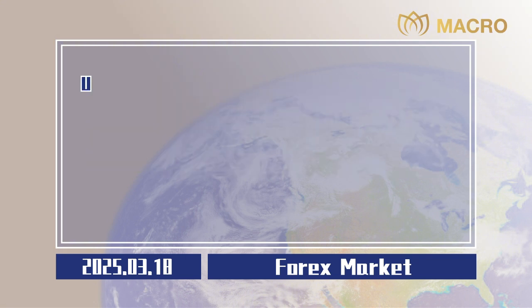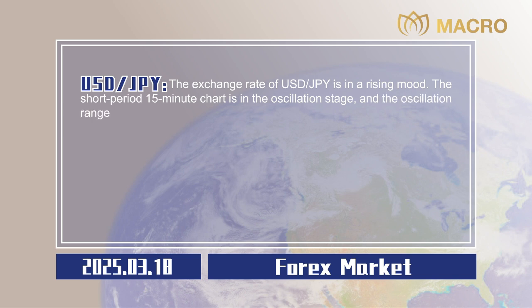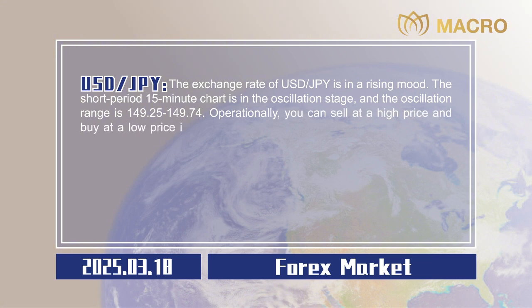0.0020. US dollar to Japanese yen. The exchange rate of US dollar to Japanese yen is in a rising mood. The short-term 15-minute chart is in the oscillation stage, and the oscillation range is 149.25 to 149.74. Operationally, you can sell at a high price and buy at a low price in this range.